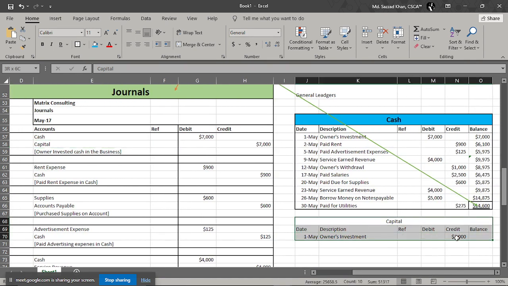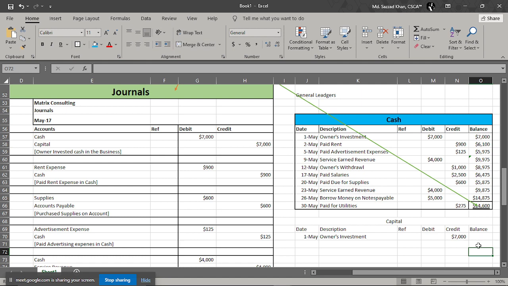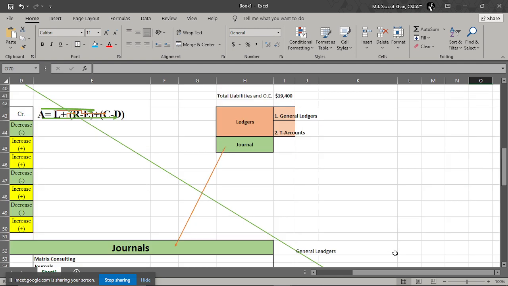All right. So in the balance, what should we write here? There will be no negative or positive, we just write the difference. Then 7,000. Exactly. The 7,000 is the credit balance because from the equation we see there is a plus sign beside the capital balance.